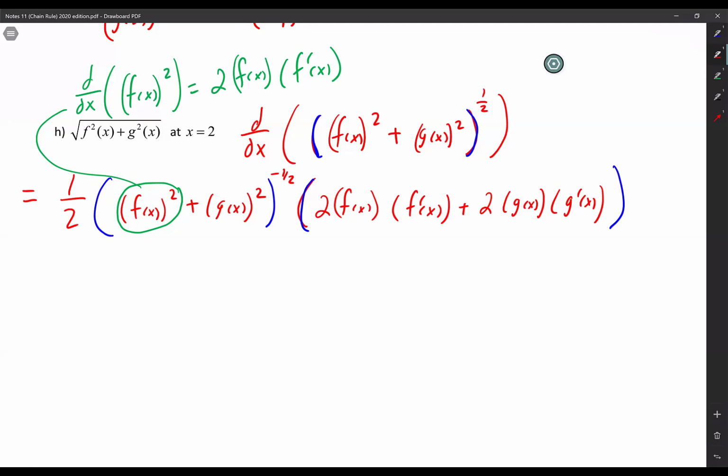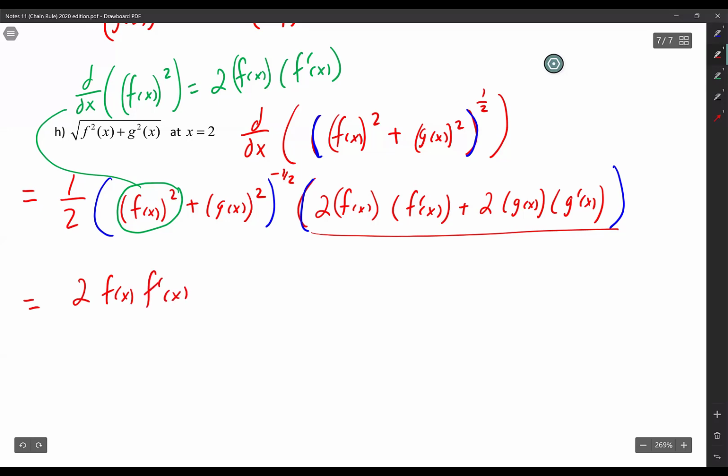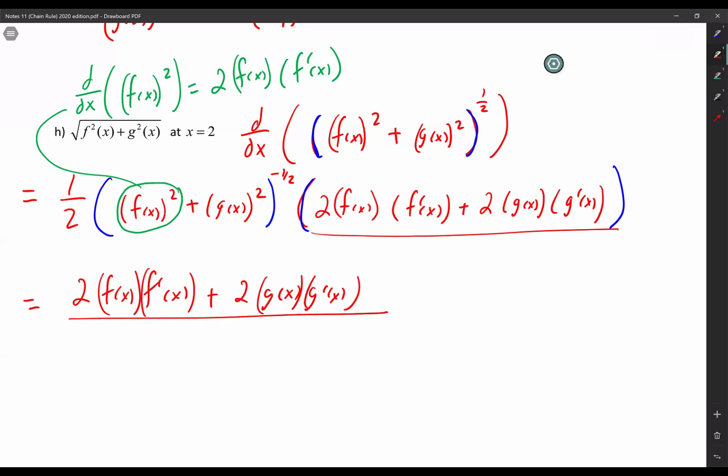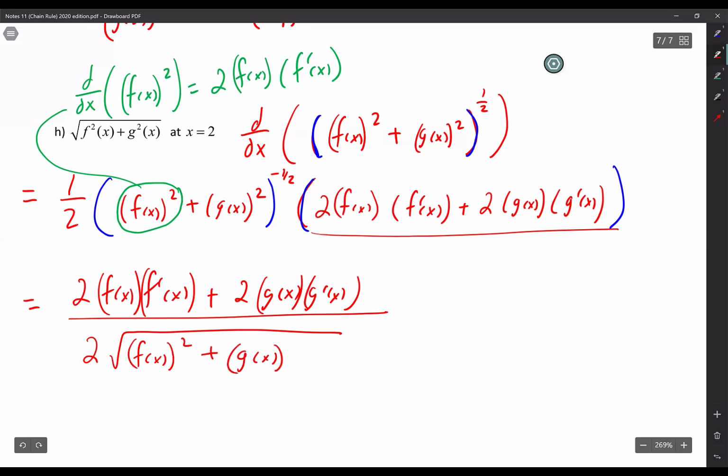I'm going to rewrite it. Here's how it looks. This here is in the top, so I'm going to rewrite it as 2 f of x, f prime of x. If you want to put parentheses, go for it. Plus 2 g of x, g prime of x. All over, and I'm bringing the f of x squared plus g of x squared down, and I have a 2 in the bottom, square root of f of x squared plus g of x squared.